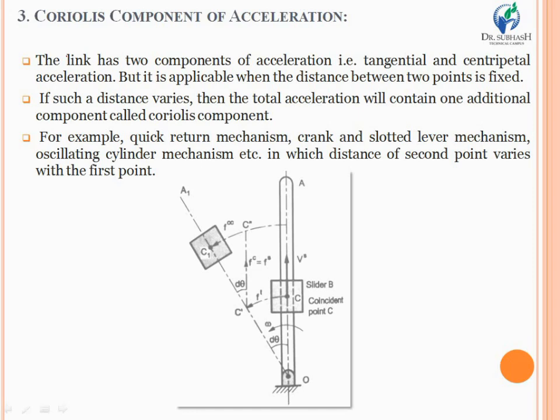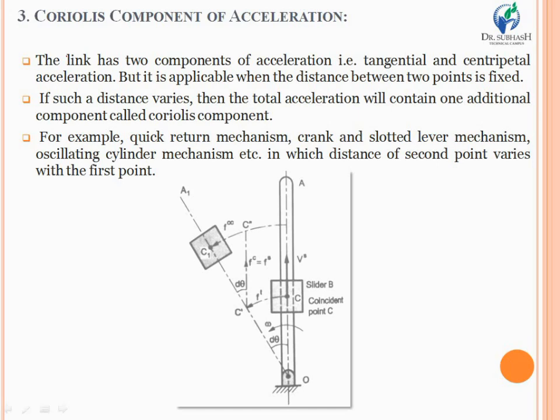While analyzing that kind of mechanism, you need to go through the Coriolis component of acceleration method, because due to the sliding nature of the other point, the third component of acceleration must be introduced, and that will be the Coriolis component of acceleration.